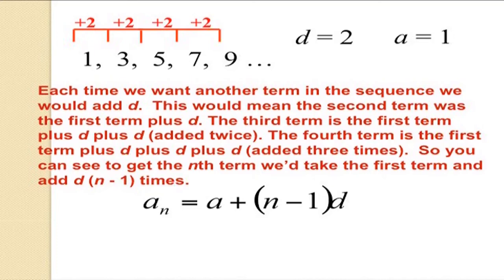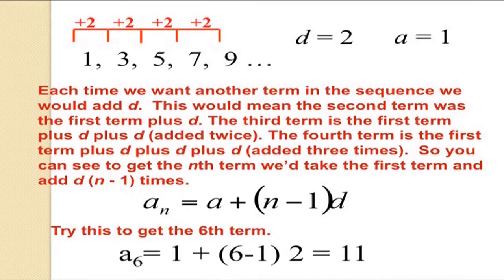Thus a_n = a + (n - 1) multiplied by d. Try this to get the sixth term. a6 will be given by 1 + (6 - 1) multiplied by 2, and hence it gives us 11. In this way we can find the nth term of the sequences given to us.